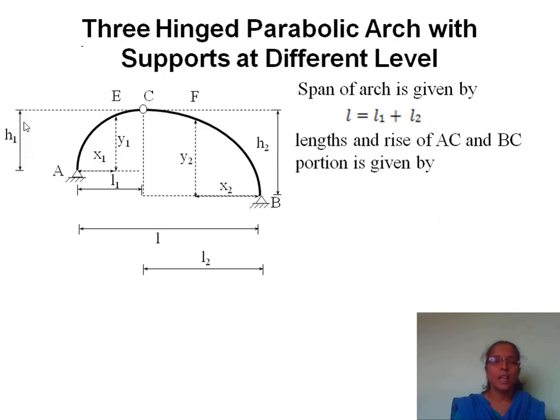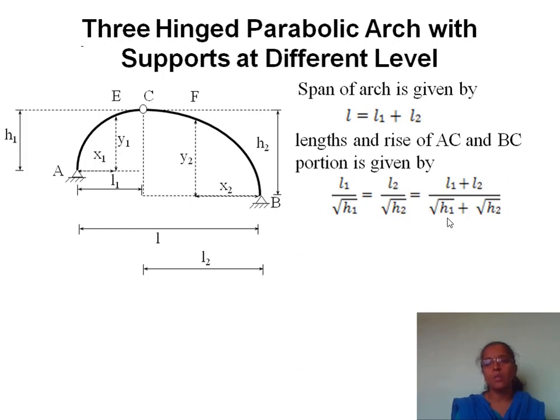Next, the lengths or rises L1 and H1 or L2 and H2 can be computed by using the relation L1 by root H1 equals L2 by root H2, which equals L1 plus L2 divided by root of H1 plus root of H2. You can replace this with the small l, that is the span of the arch. By knowing any two quantities, you can obtain the other two quantities.